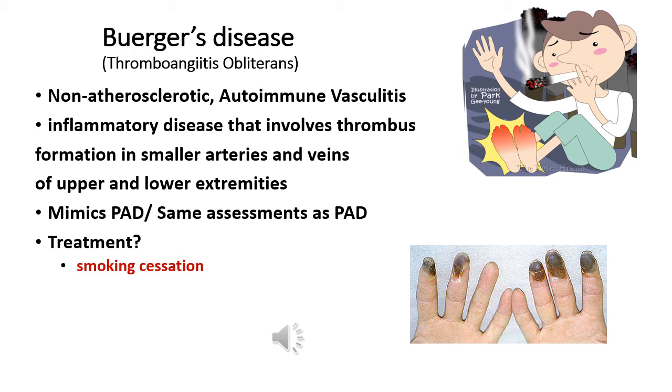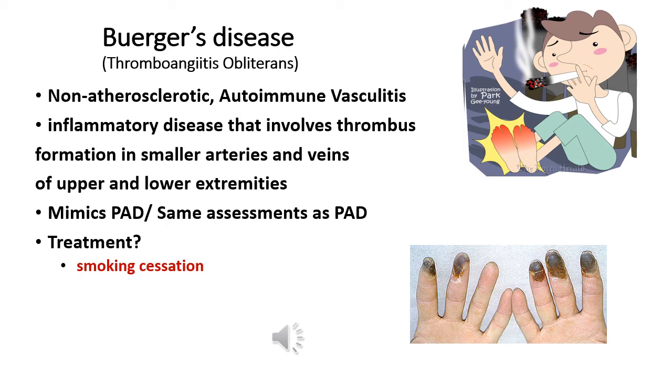It's an autoimmune and an inflammatory process. It too results in tissue death and may lead to gangrene and often leads to amputation. It is not a common disorder as well.